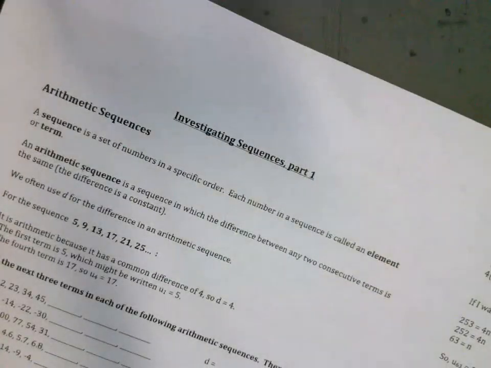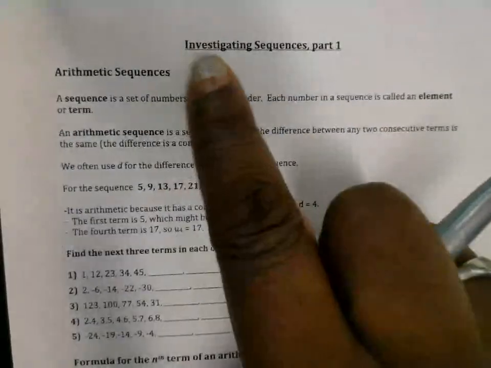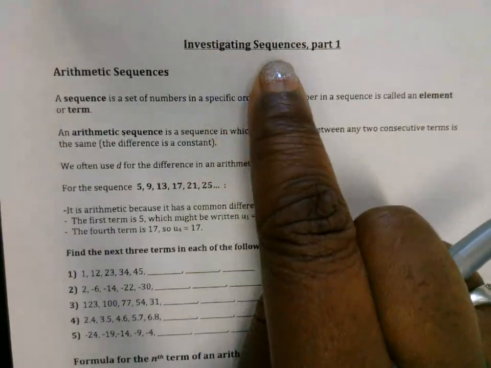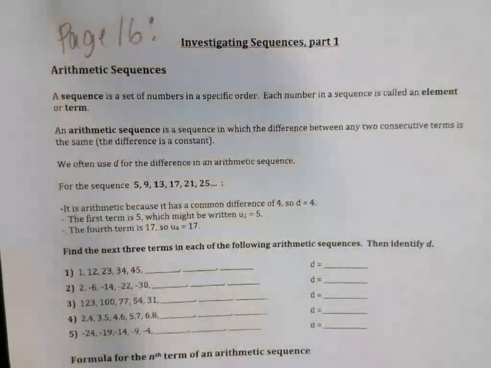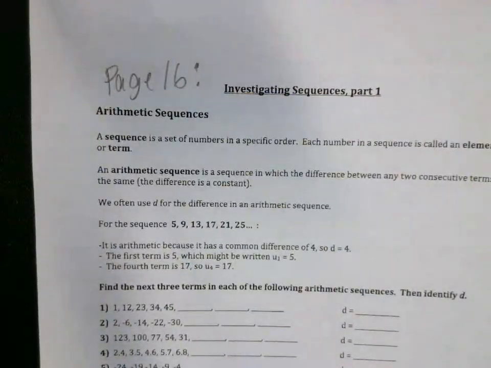This is going in our notebook on page, I forgot what page. Is that 16? It is 16. This is page 16. The title of this page is Investigating Sequences. I'm going to pause for the calls to give you a chance to paste this in your notebook.